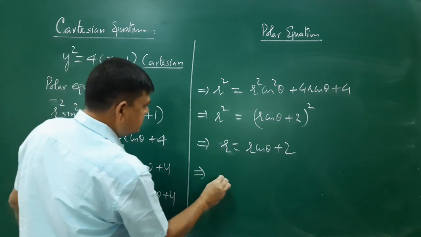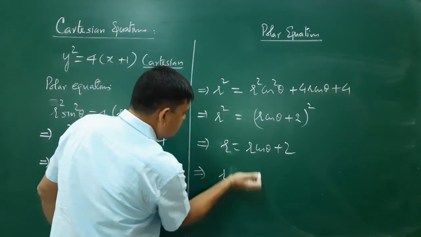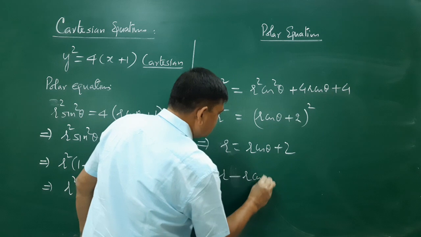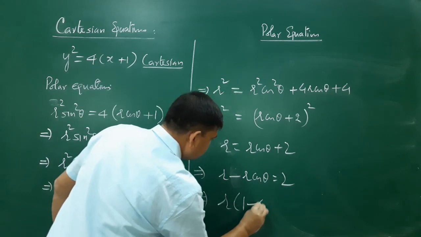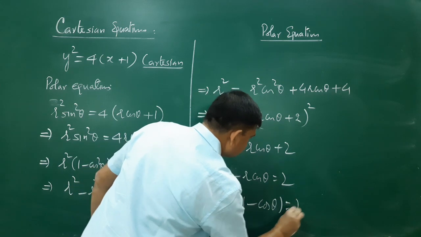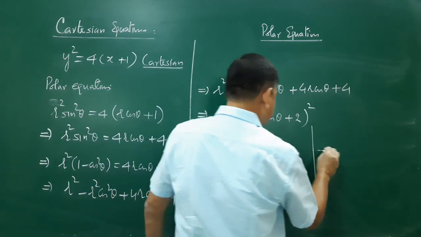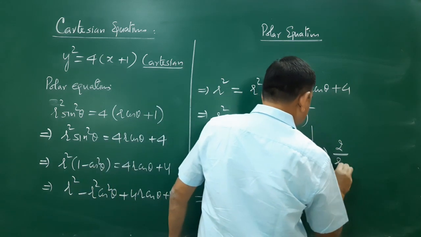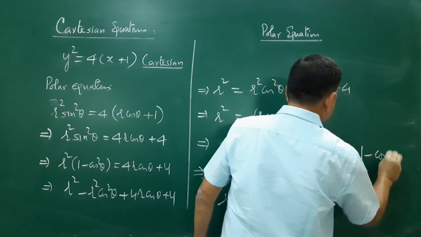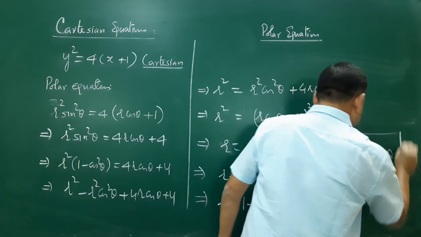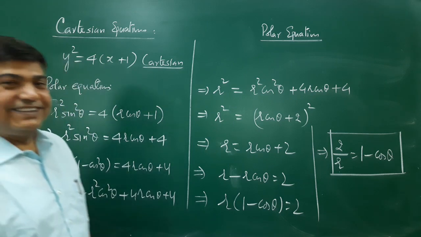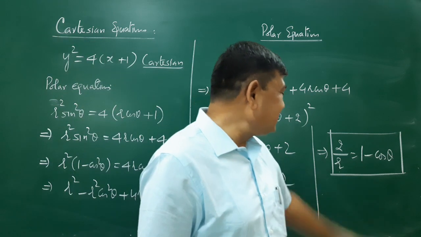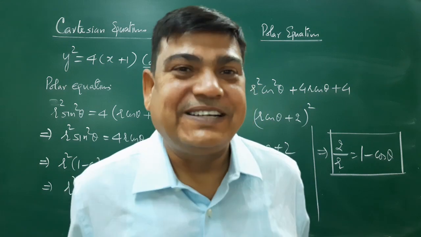So r minus r cos theta equals 2. Yes, r is common, so r(1 minus cos theta) equals 2. This implies 2 upon r equals 1 minus cos theta. Fine.